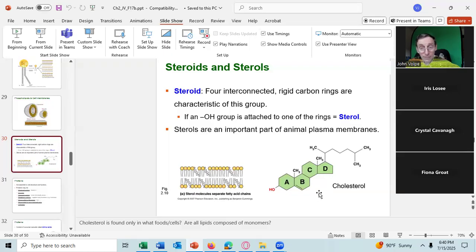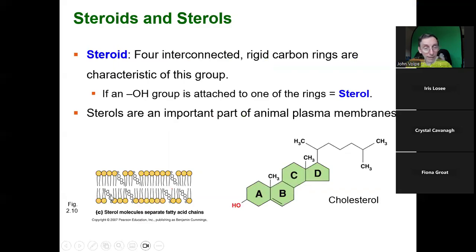Cholesterol is only found in animal tissue, and it's mainly because cholesterol is put in the cell membrane of animal cells to strengthen and support the cell membrane. So if you want to avoid cholesterol in your diet, you simply need to avoid eating animal tissue.